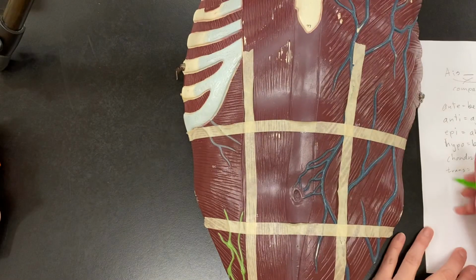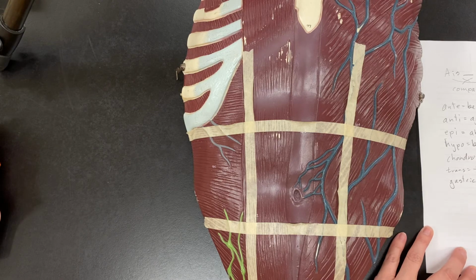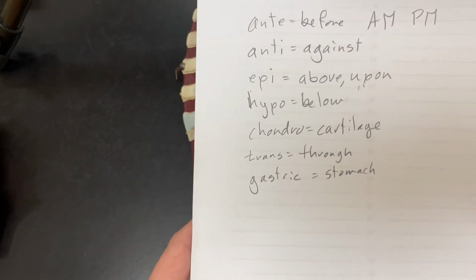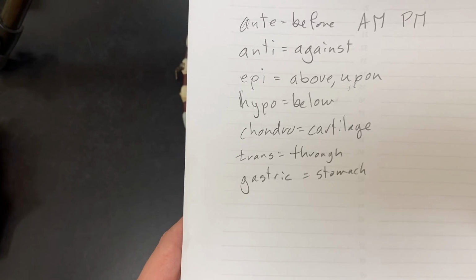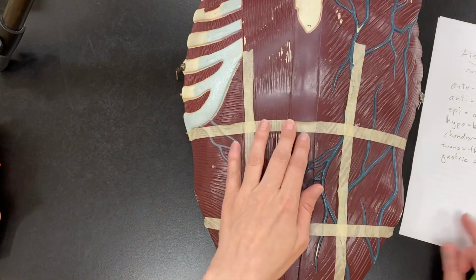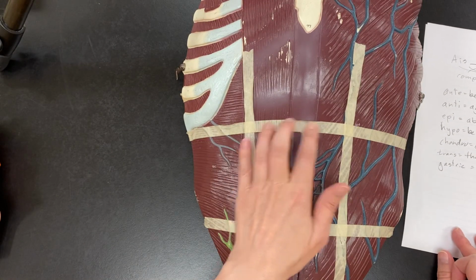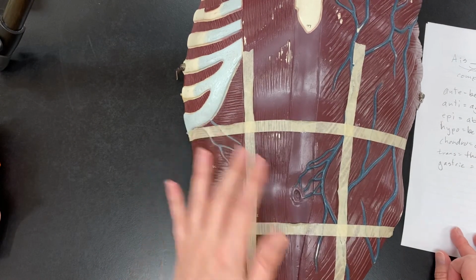There's another word root I missed. Oh, gastric. Gastric means stomach. Word root city. Okay. And then the pyloric is a region of the stomach, so this goes through the stomach.